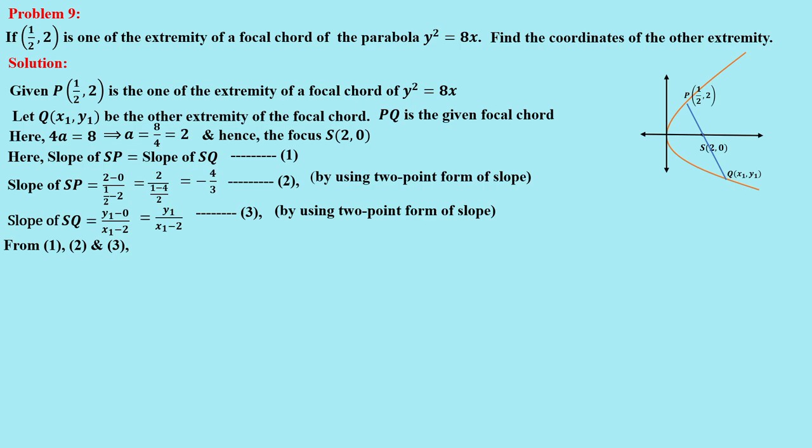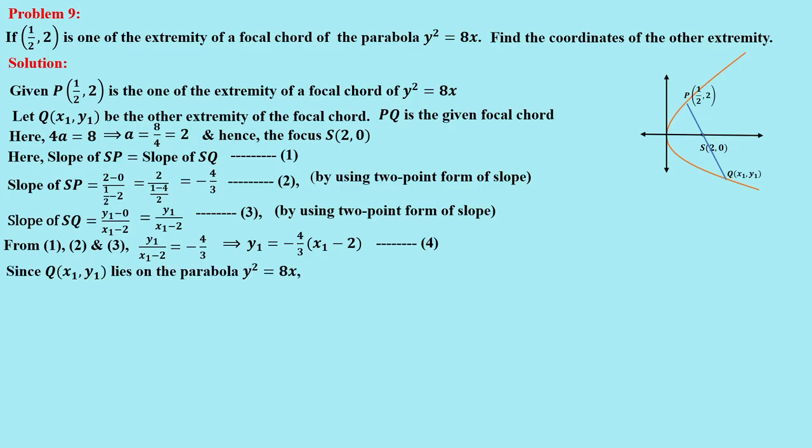From 1 and 2, slope of SQ is equal to minus 4 by 3. From 3 you are having y1 by x1 minus 2. So equating both, y1 by x1 minus 2 is equal to minus 4 by 3. y1 equal to minus 4 by 3 into x1 minus 2. That is equation number 4.